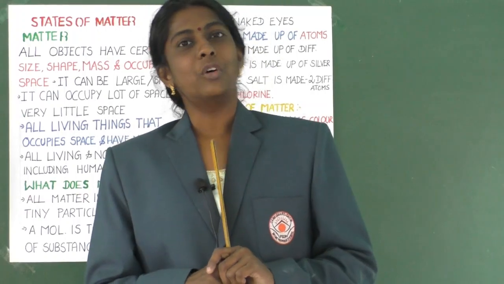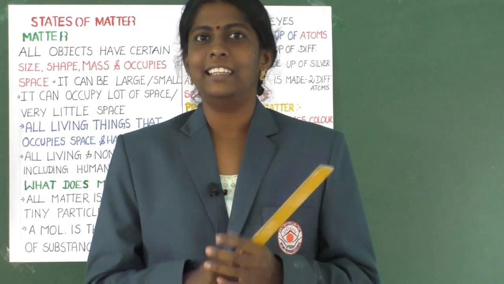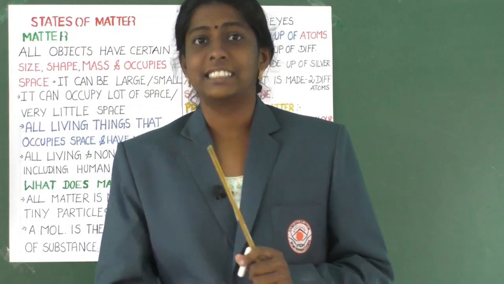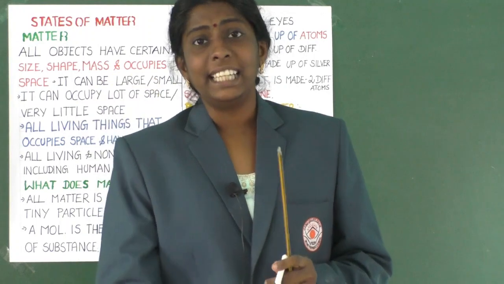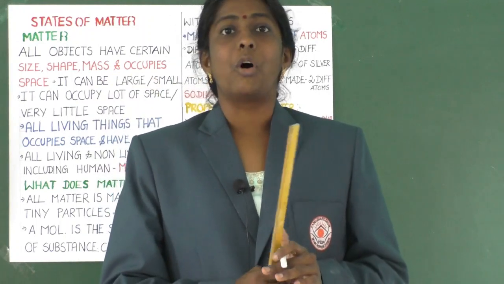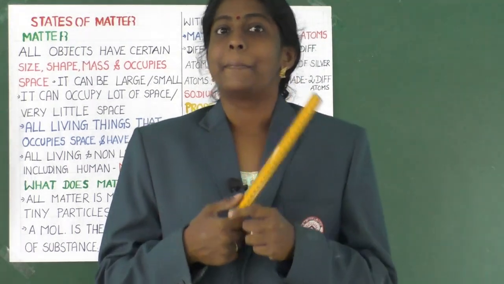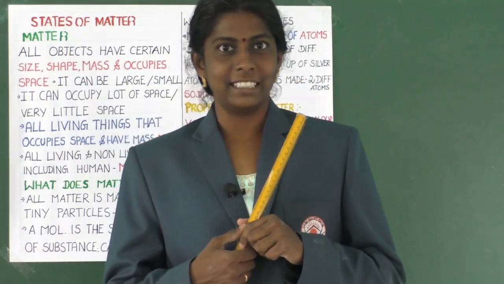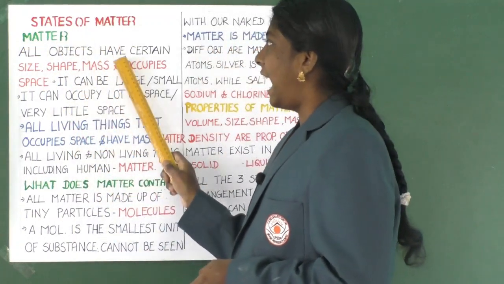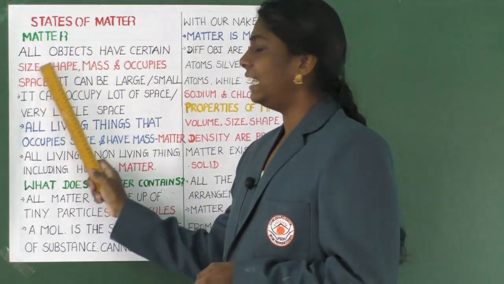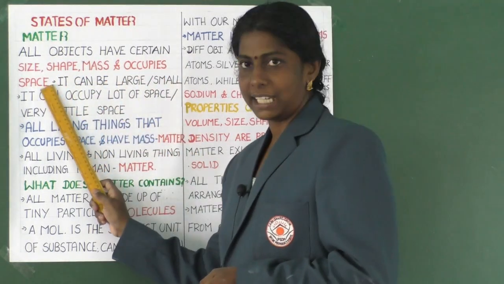Children, there are so many objects surrounding us. For example, scale, chalk, duster, so many. Each and every object has a certain size, shape and mass, and occupies space.